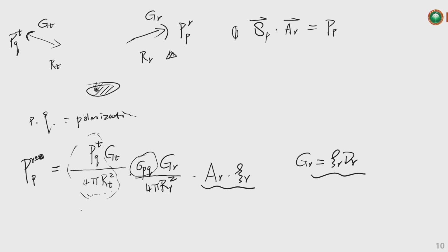So now when we put P divided by Q, we can get the expressions for the GT, GR, right? And divided by 4 pi RT squared.